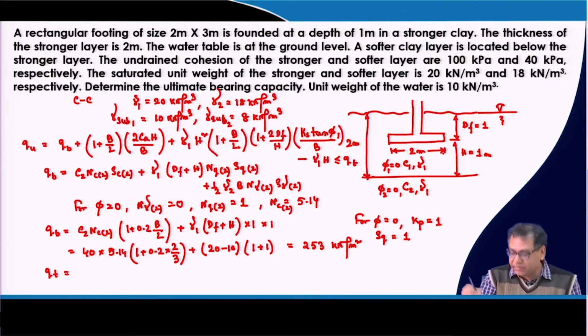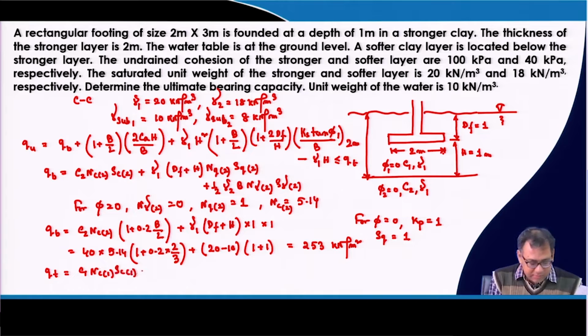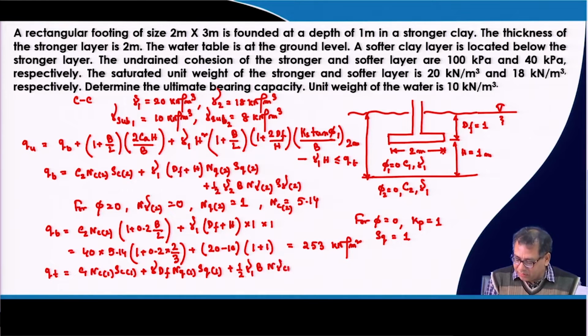QT, if the foundation is placed on the top surface, the QT expression is C1 NC1 SC1 plus gamma df NQ1 SQ1 plus half gamma 1 B N gamma 1 S gamma 1.